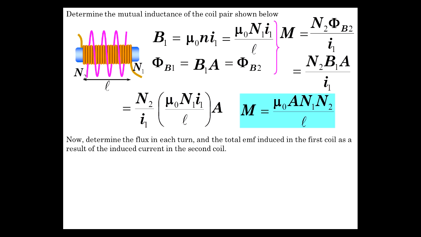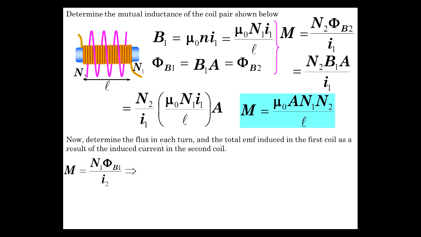So, now, when I say induce a current, maybe, maybe not. This is an iterative process in a way, so that one affects the other. So we're really just looking at the change in the second coil, the induced current in it, what it does in terms of producing an EMF in the first coil. That's what we're looking at.